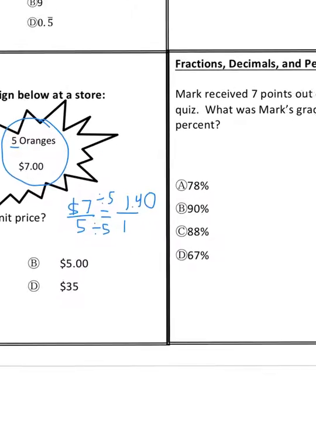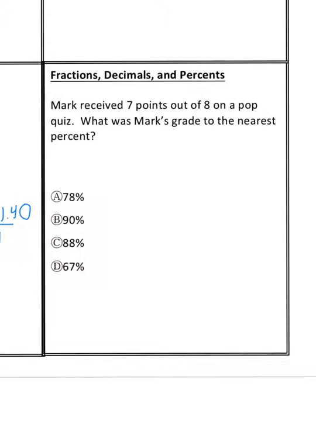All right, last one. Fractions, decimals, and percents. Mark received 7 points out of 8 on a pop quiz. What was Mark's grade to the nearest percent? You do this all the time, because when I grade your things, I write it as a fraction. To change 7 out of 8 to a percent, you divide and then move the decimal twice to the right. 7 divided by 8 is 0.875.